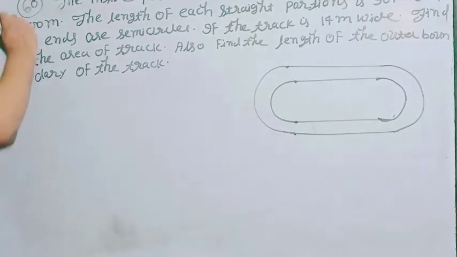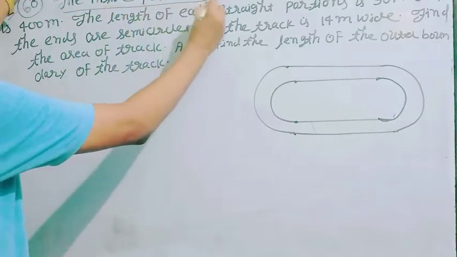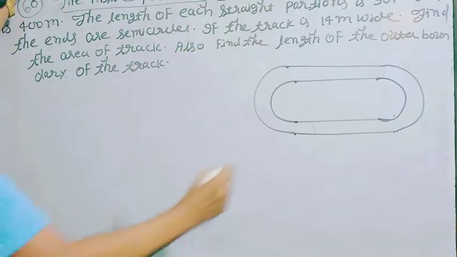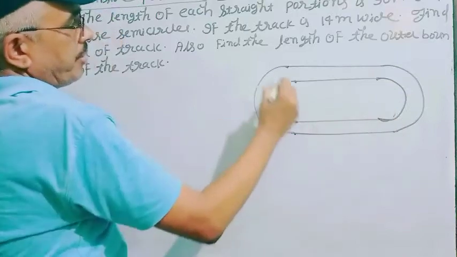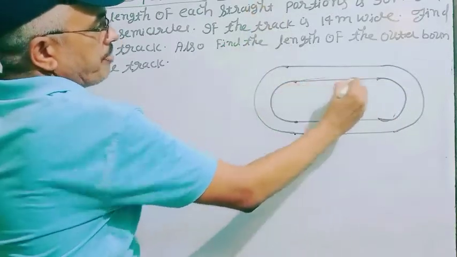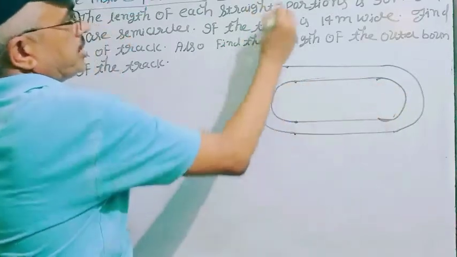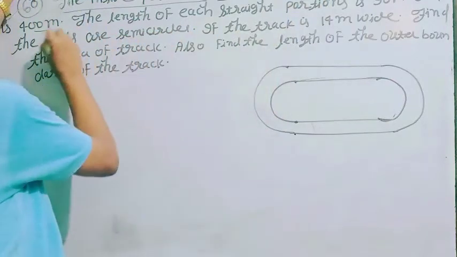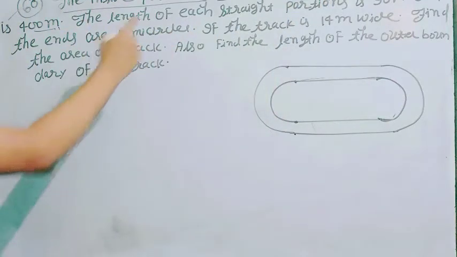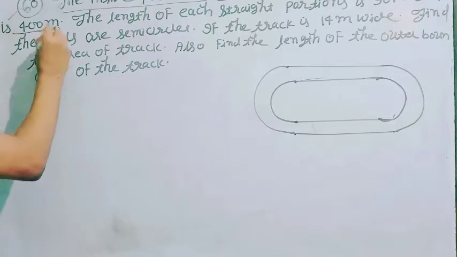Dear student, now see the next question. In another book also this question is given, number 59, related to the area of the track. So see in your book, it is 59 or 60 maybe. So your question is here, the inside perimeter of the running track. Here is a running track. The perimeter of the inside, that means the perimeter of this part, is given as 400 meter.